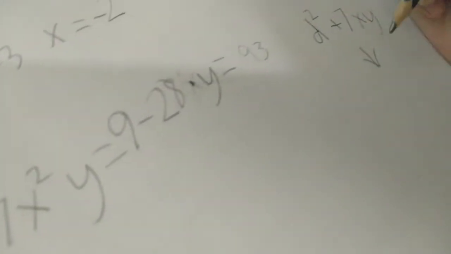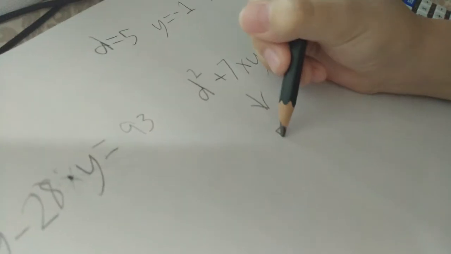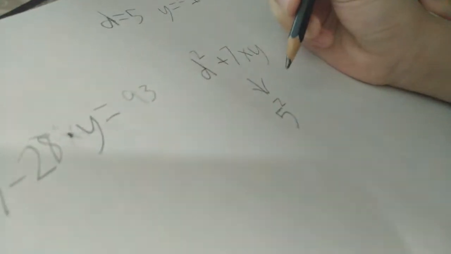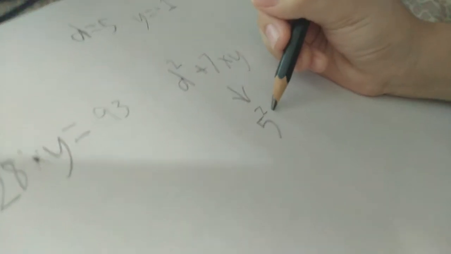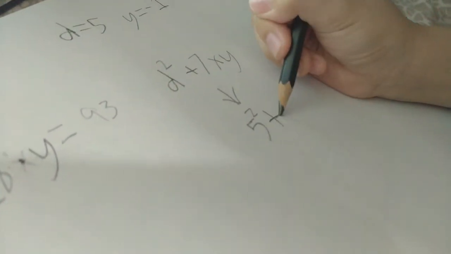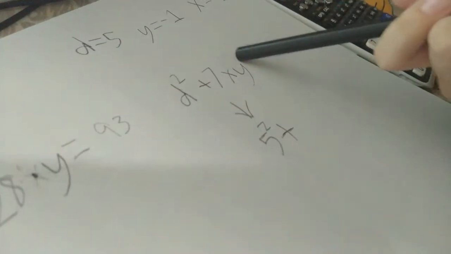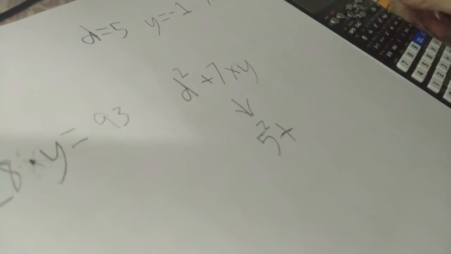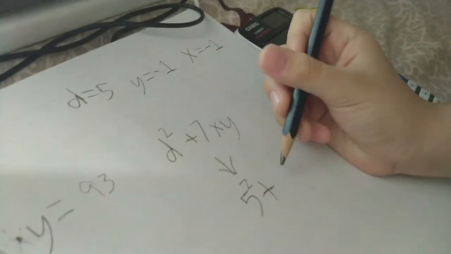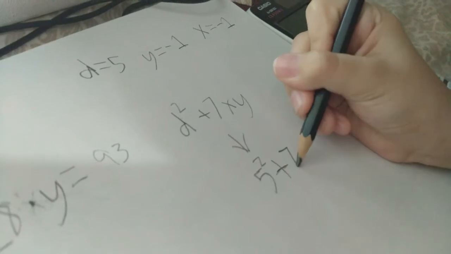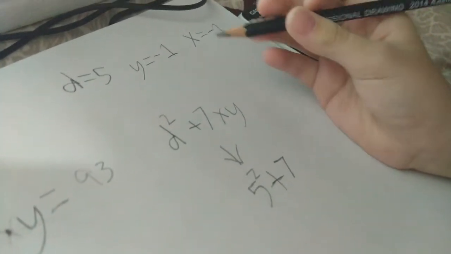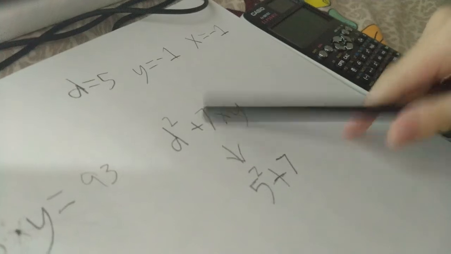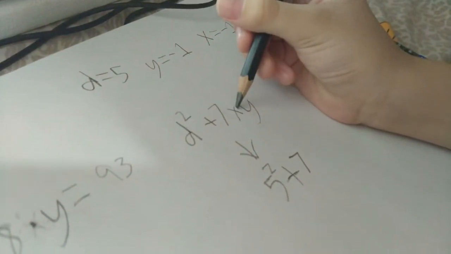I will turn this into a grade problem. 5 squared, I know it's 25. And then plus negative 1 times negative 1, which I know is positive 1. Because x and y just make positive 1, but when we multiply it together, you see that invisible times right there.